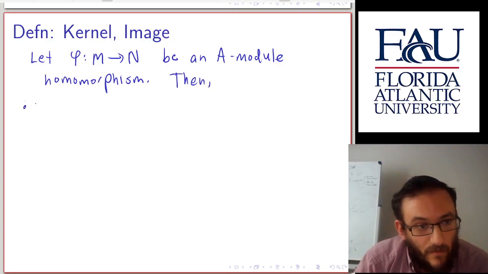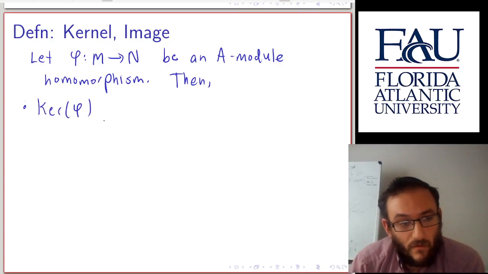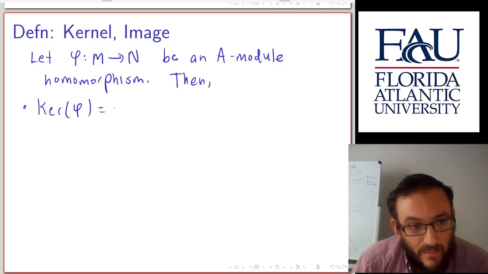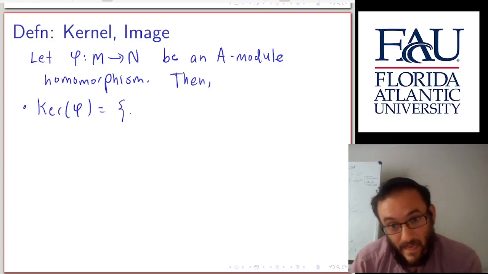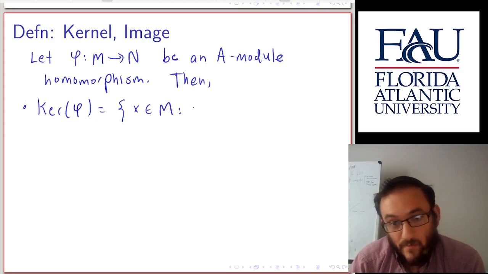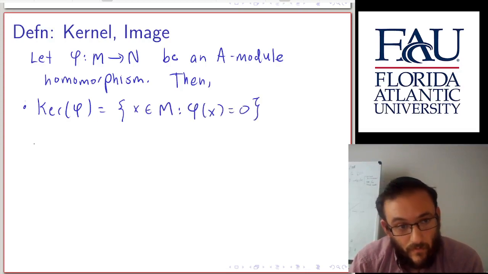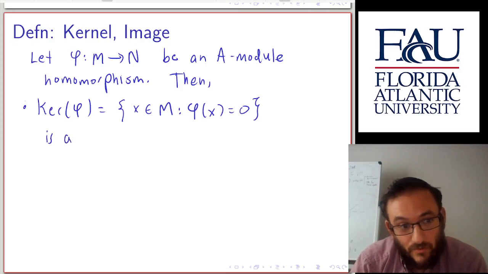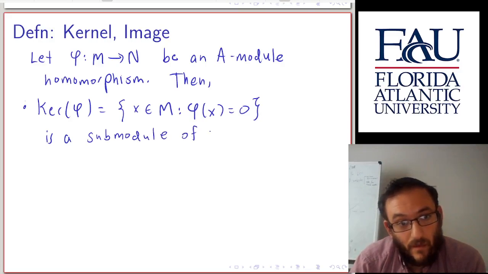Then the kernel of phi, which is defined as the set of elements x in M such that x maps to 0, is a submodule of M.